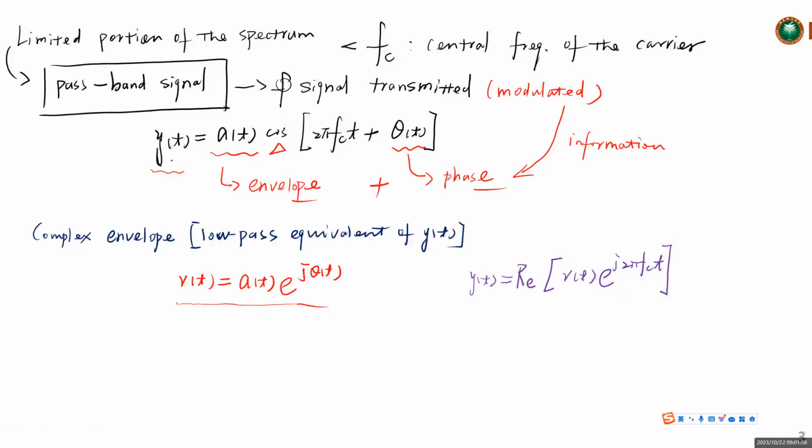Because the transmitted signal should be a real signal, a real value. So this is how to obtain the real signal, the transmitted signal, from the complex envelope by such a calculation.